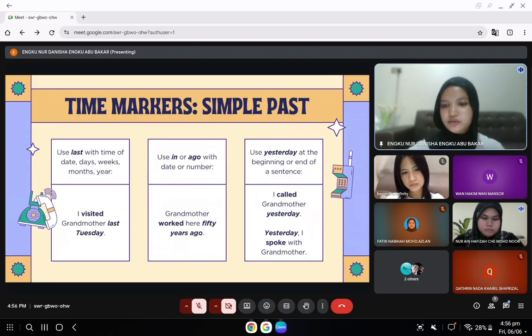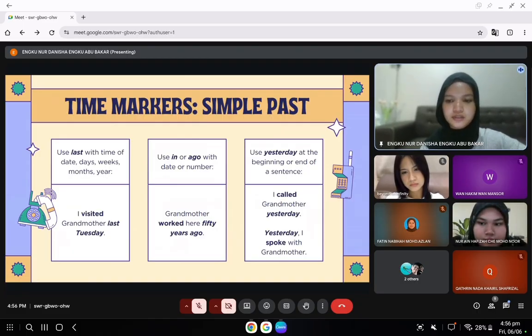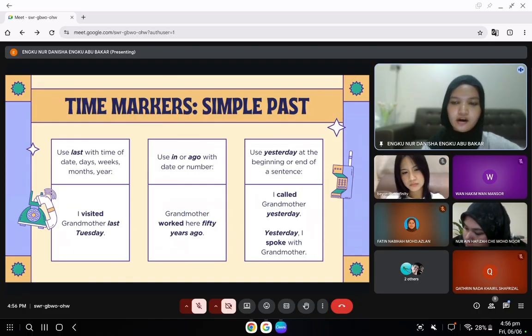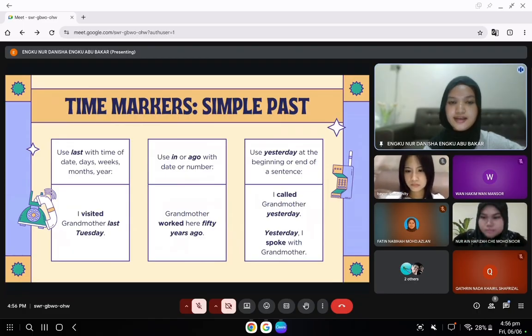Next, we use in or ago with a specific date or number. So the example is, grandmother worked here 50 years ago. And lastly, we use the word yesterday at the beginning or end of a sentence. For example, I called grandmother yesterday, or you can also say, yesterday I spoke with grandmother.